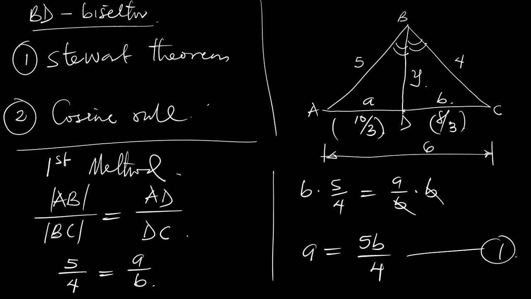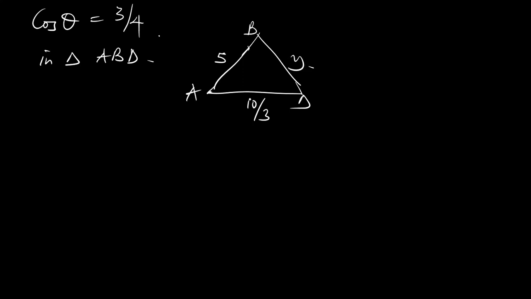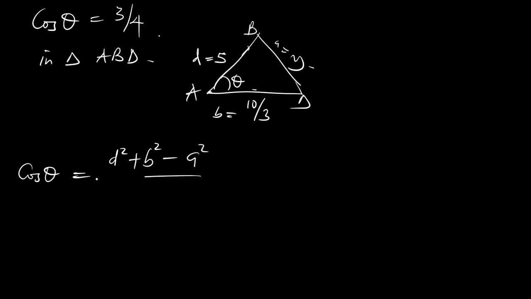So we have here to be y. So here is theta. Now applying the same rule, here is your D, here is your B, here equal to A. Now cos theta will now be the sides that are adjacent, which is D square plus B square minus A square divided by 2 DB.